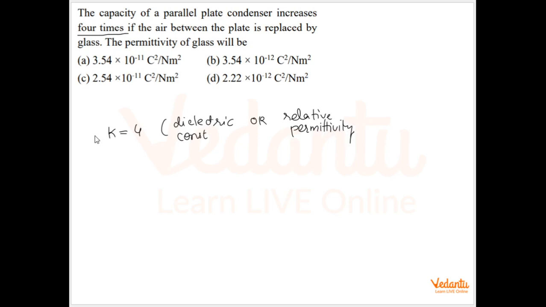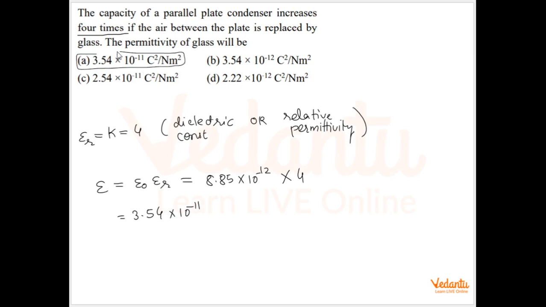We can also call it epsilon R. Now, the permittivity is nothing but epsilon naught into epsilon R. Permittivity of any material is permittivity of vacuum into relative permittivity, which gives me, beta, 8.85 into 10 power minus 12 multiplied by 4. That will be 3.54 into 10 power minus 11. So option A will be the correct answer.